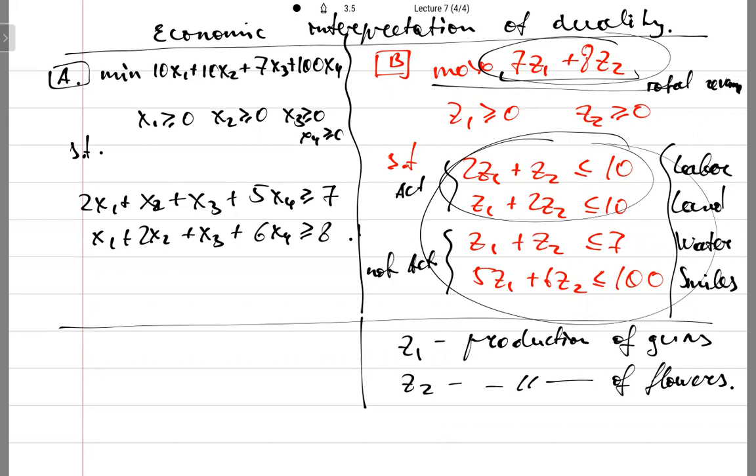Let's interpret problem A. What is the interpretation of problem A? Imagine that Robinson Crusoe now doesn't like to be an entrepreneur, and he just likes to work for some person.